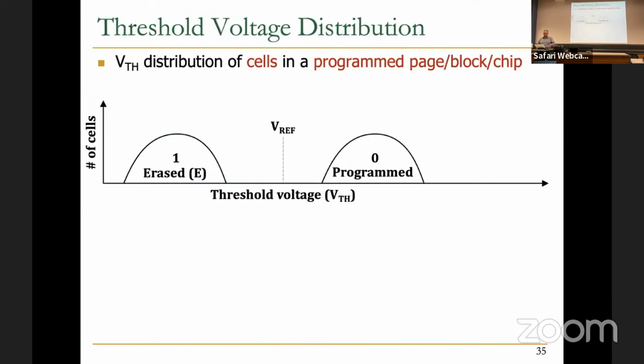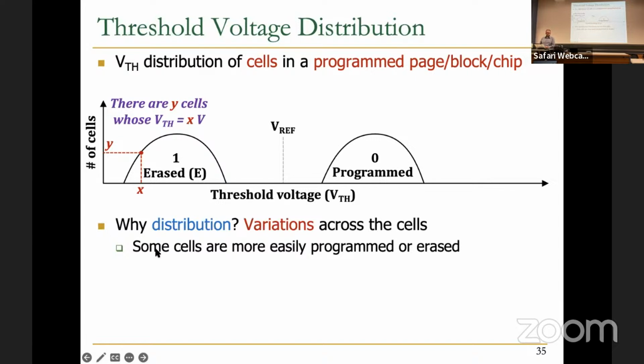Okay, so as we discussed, we have this threshold voltage distribution in NAND flash memory. Here I'm showing the SLC, where the nominal threshold voltage we consider as erased, 1. And this is the program reference voltage. Of course, we have this distribution, so things are not perfect because of process variation.